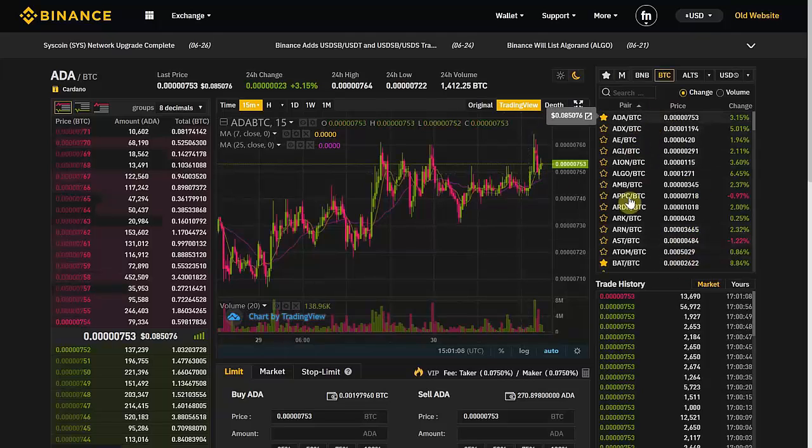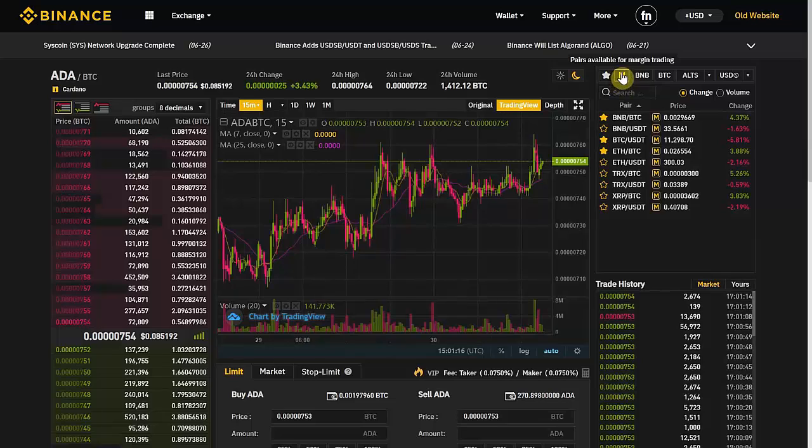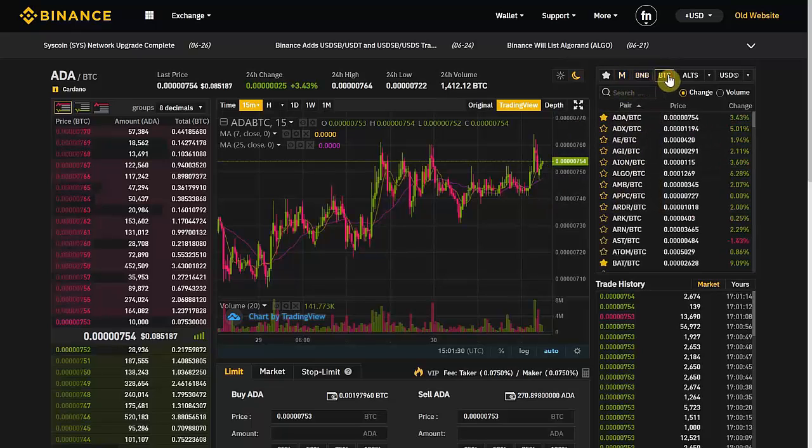Over here you have the pairs, the coins that you may buy or sell. You have a filter for your favorites. This is one of the new things they're developing, the margin trading. I haven't seen this before, but apparently you can use margin to trade all these pairs. That's nice to know. I don't use margin at all.